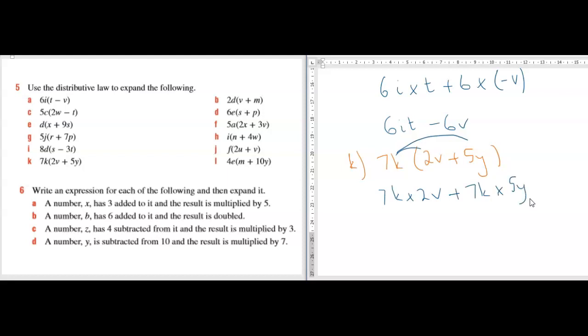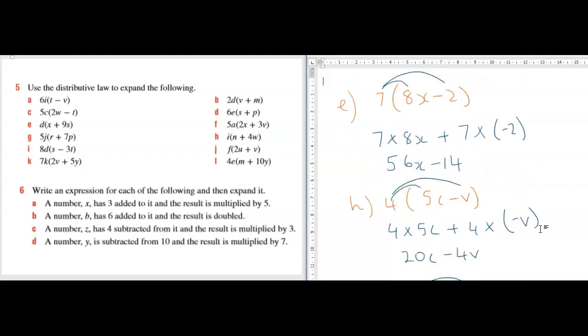So 7 times 2 gives you 14, and then we've got k and v. And then 7 times 5 gives you 35, and we've got k, y. You could add more pronumerals if you want. The process is pretty much the same, and as long as you take your time, you shouldn't make any errors.